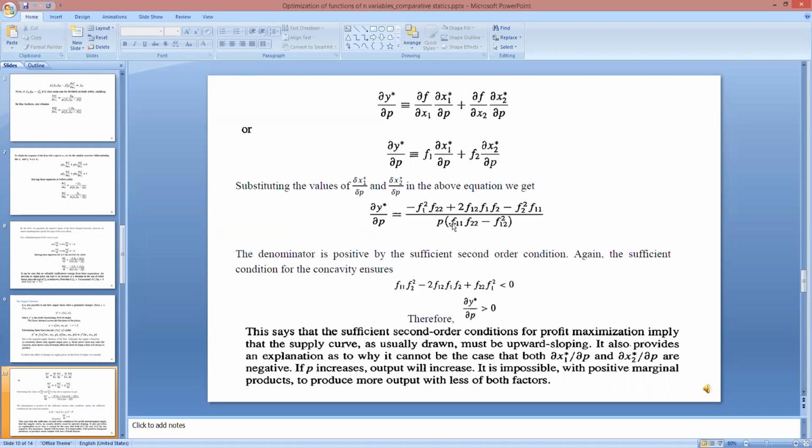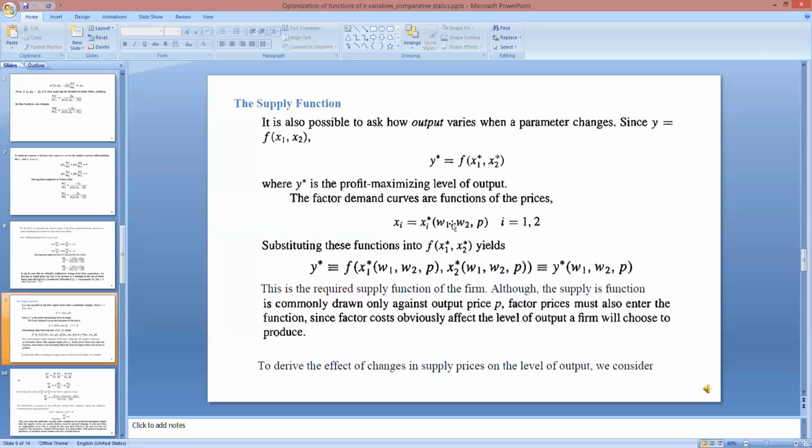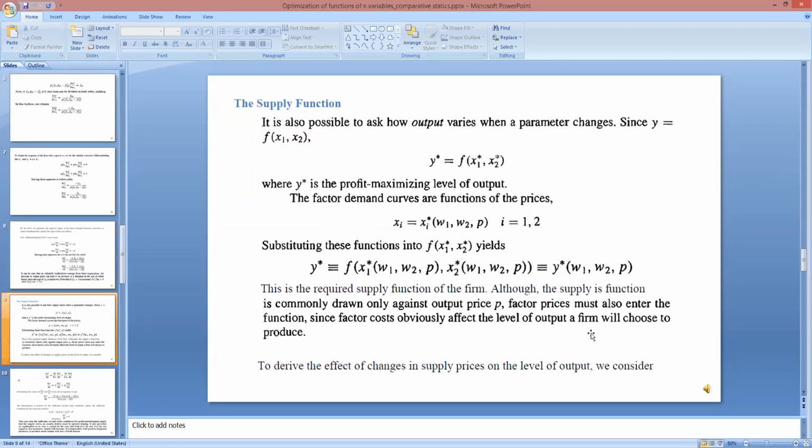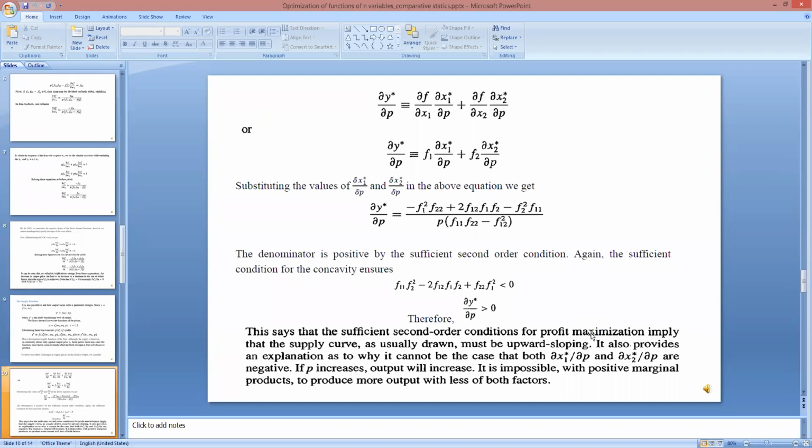So let's go back to the exercises where we got del x1 star by del p and del x2 star by del p. So these are the two expressions. You need to do this on your own. So we are putting those values here.